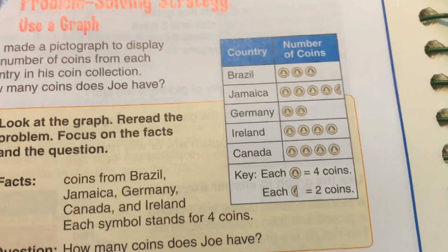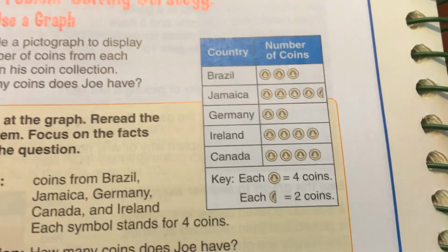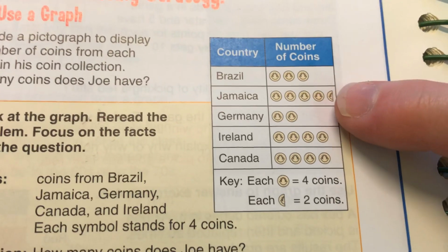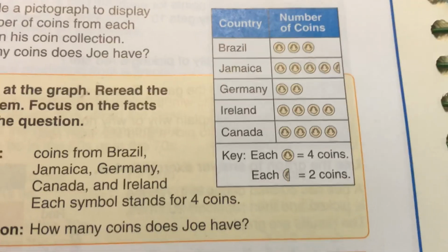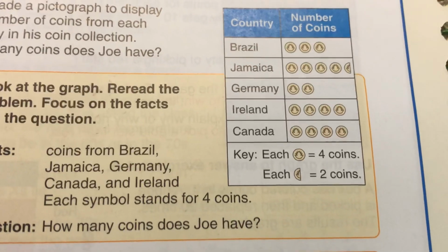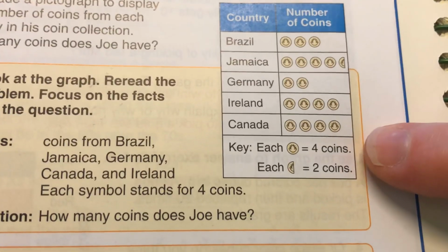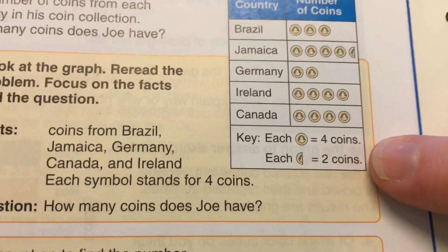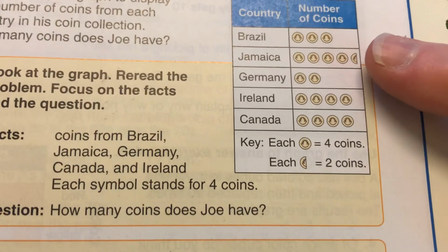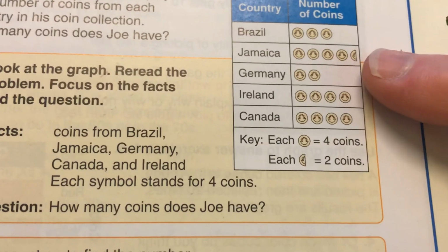What does 3 times 4 equal? 12. Then I have to count how many symbols I have for Jamaica. I have 1, 2, 3, 4, and a half. So 4 times 4 is going to be 16. And then the half equals how many more? 2. So it's 16 plus 2.